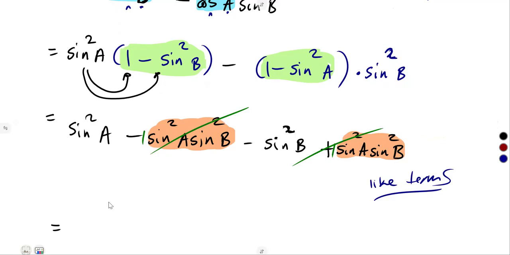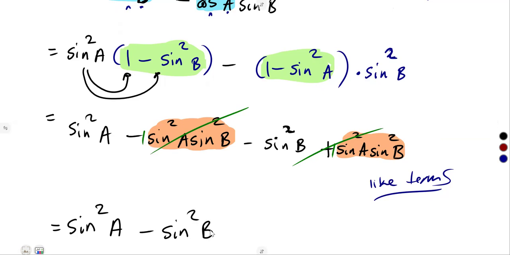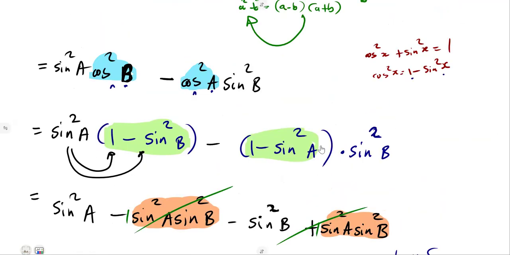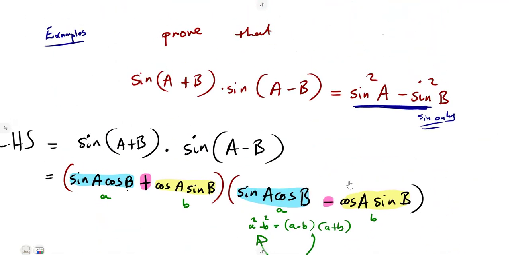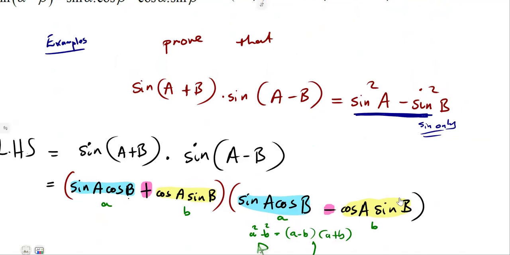So you'll be left with sine squared of A minus the sine squared of B. This is how to attempt these typical questions. And as we saw, our answer was in terms of sine only, and this is what we have, sine only. Let's check. This is exactly sine squared A minus sine squared B.